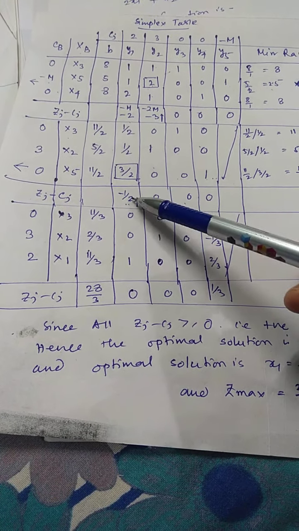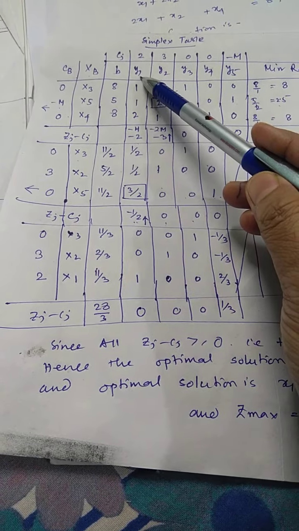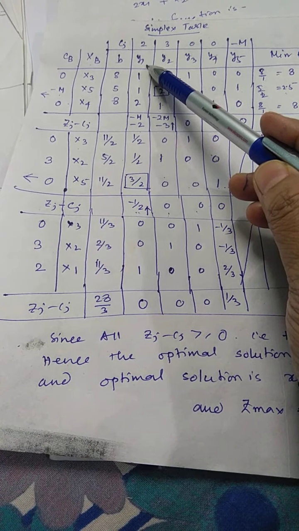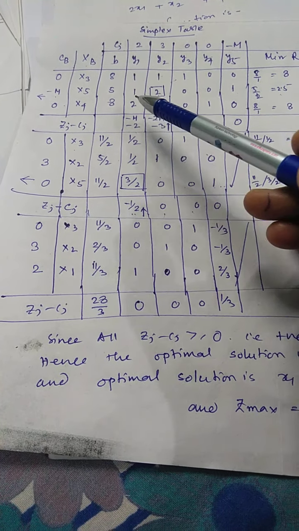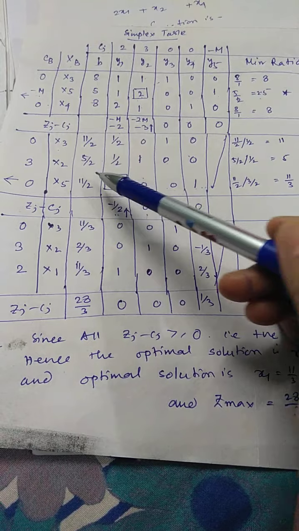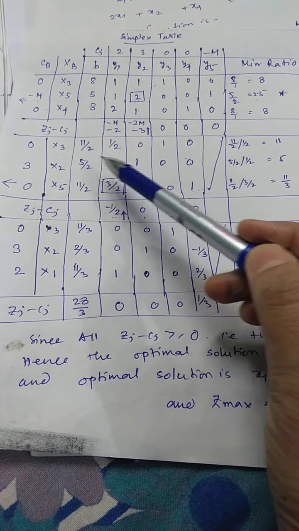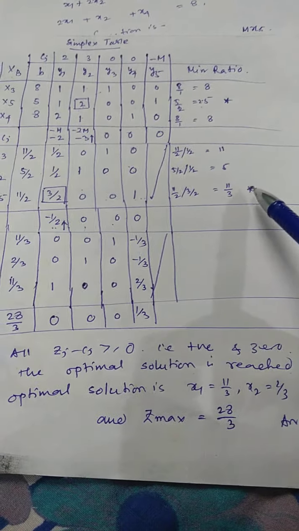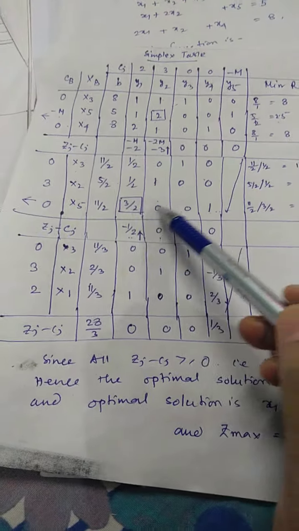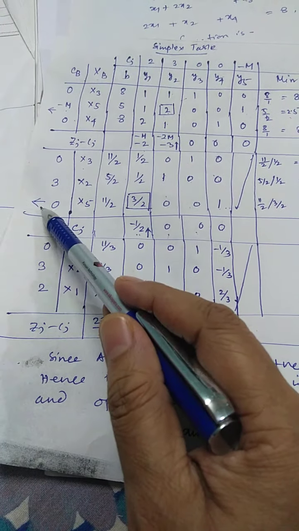So this is the entering vector, that is y1 is the entering vector. Then we have to find the minimum ratio to find the departing vector. So what are the minimum ratios? 11 by 2 by half, 5 by 2 by half, 11 by 2 by 3. This ratio is minimum, so the corresponding vector will depart from the basis.